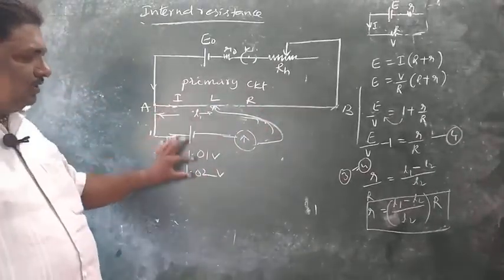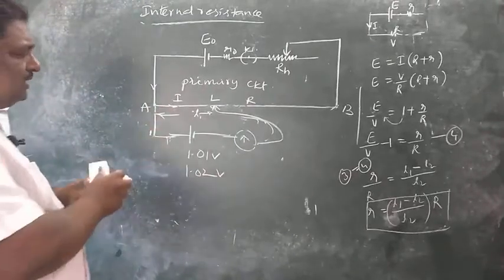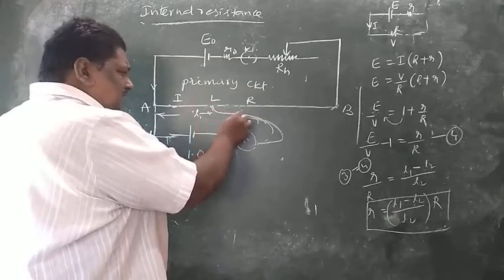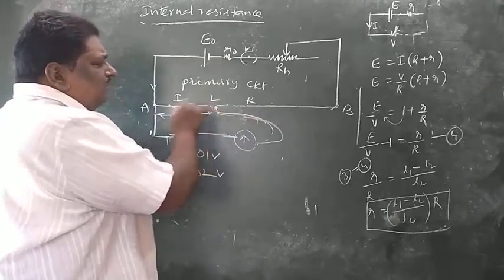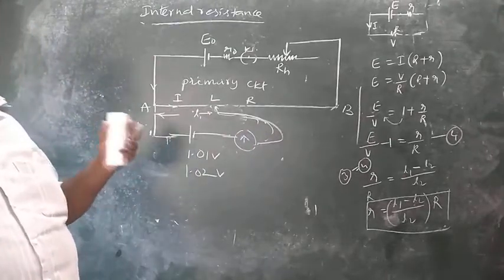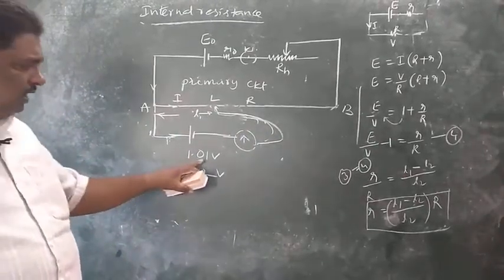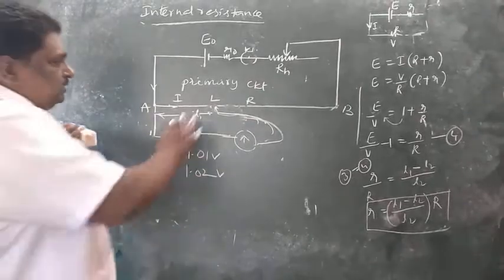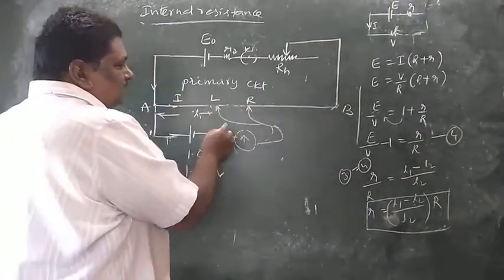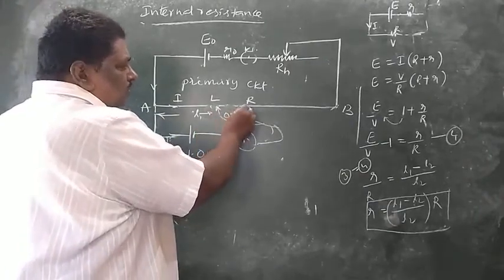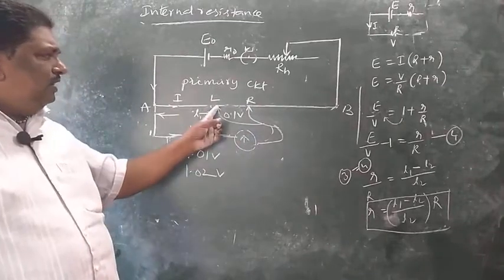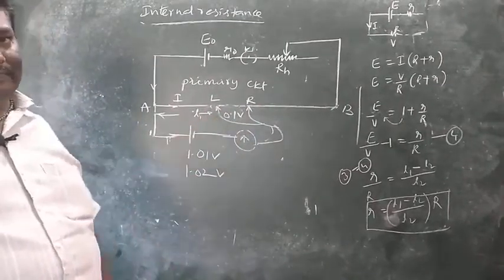Here in this cell 1.02 volts is applied, then the balance length must increase. But if it is not sensitive, almost the same point will come again. Then this potentiometer is said to be less sensitive. But for a small voltage change, the difference in length is greater. Therefore, any small value can also be easily measured.